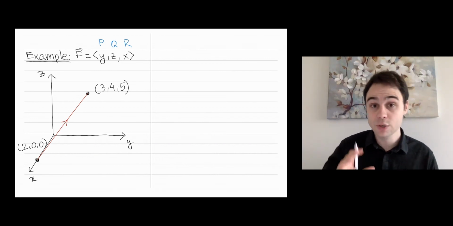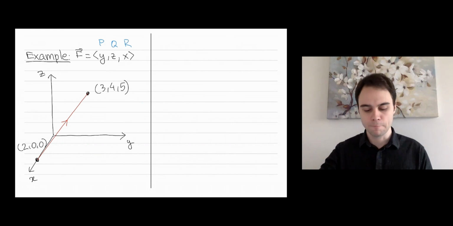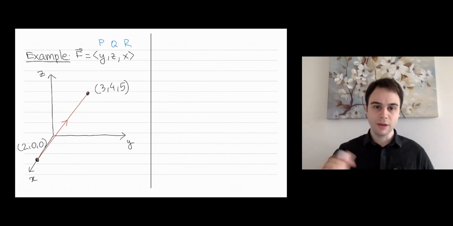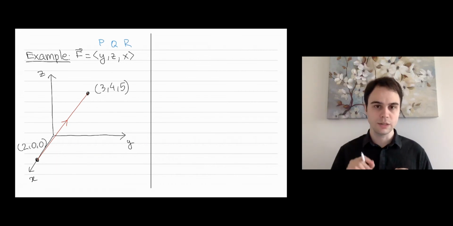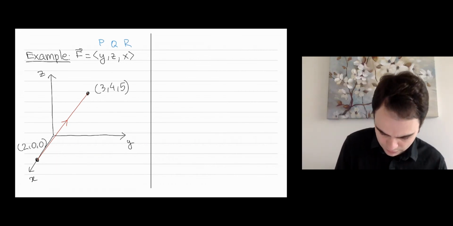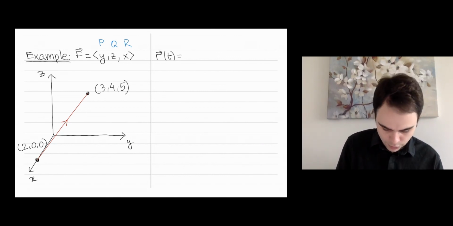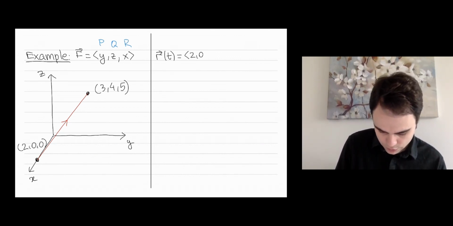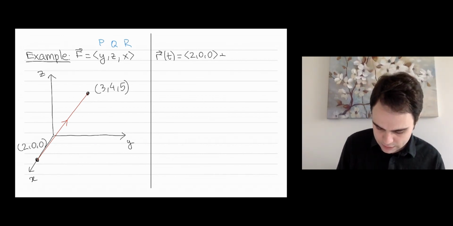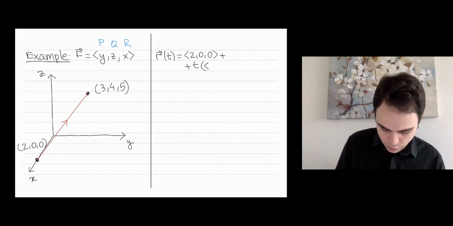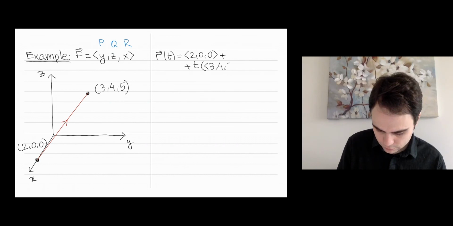Here's how we can parameterize. Here's a method that works for any line segment. If you have two points and you just want to parameterize the line segment joining the two points, you can always follow this method. So r of t will be the starting point, (2, 0, 0), the vector pointing to the starting point, plus t times the end point minus the starting point.